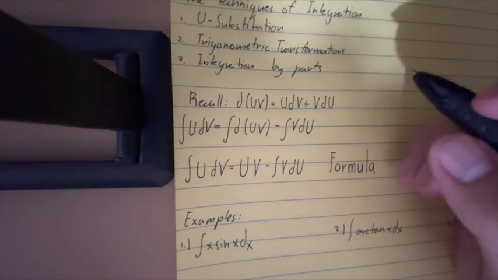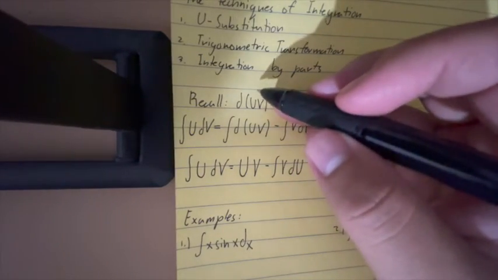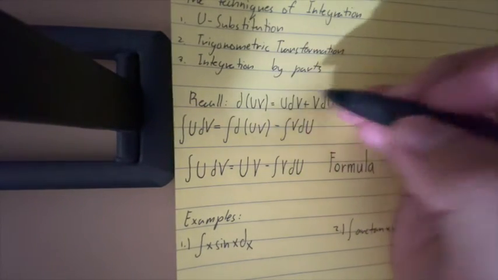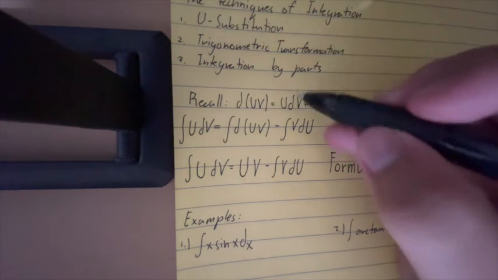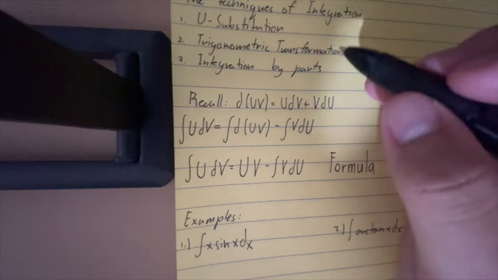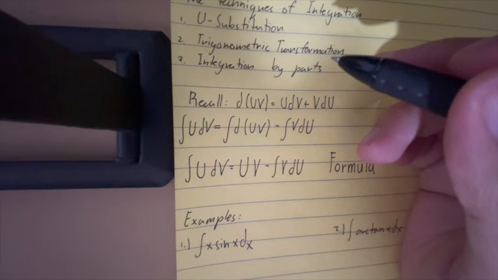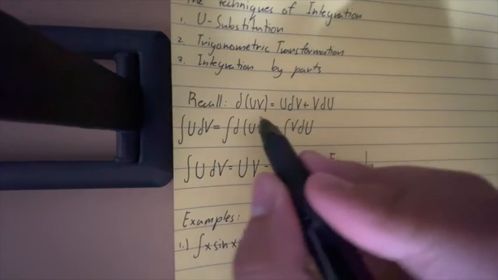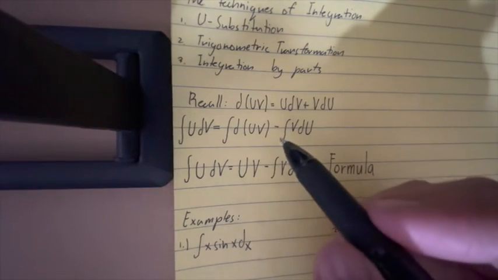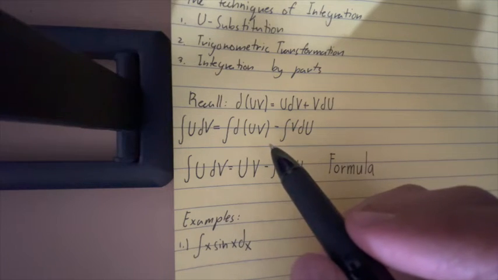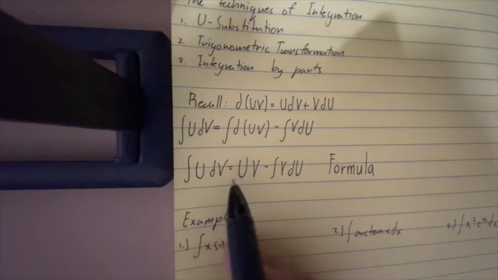If you recall, the derivative of the product, d of u times v, is equal to u dv plus v du. If you want to solve for u dv, we need to transpose it to the other side.